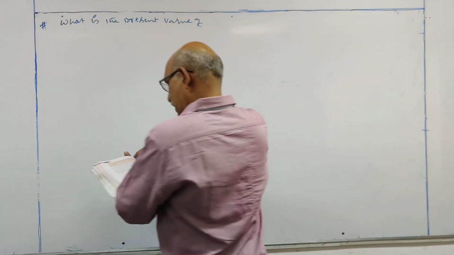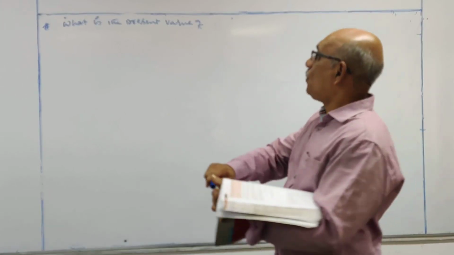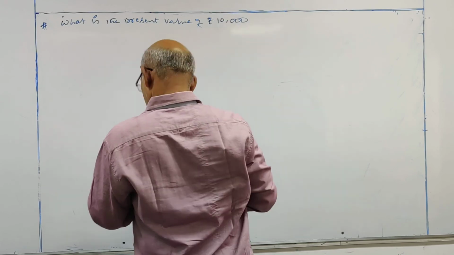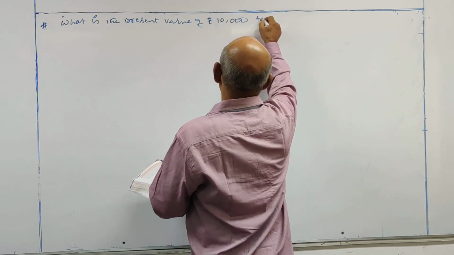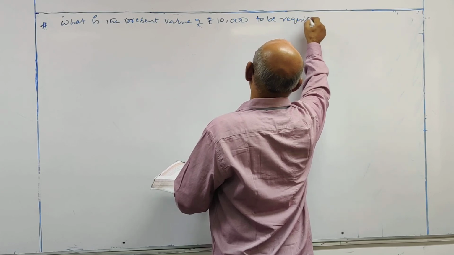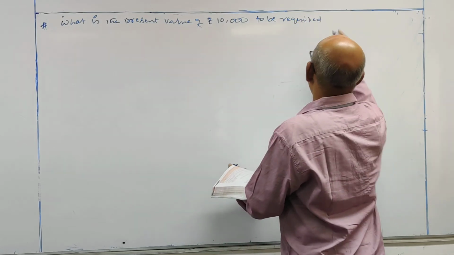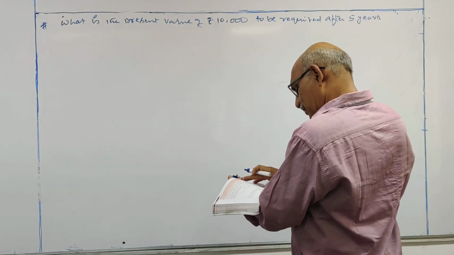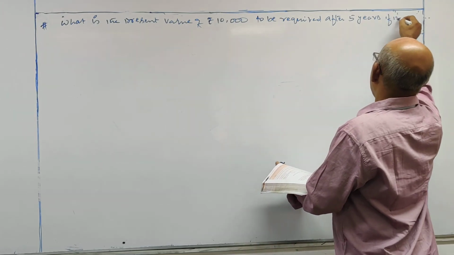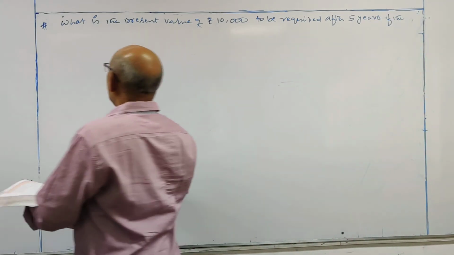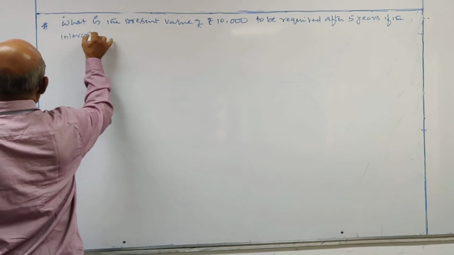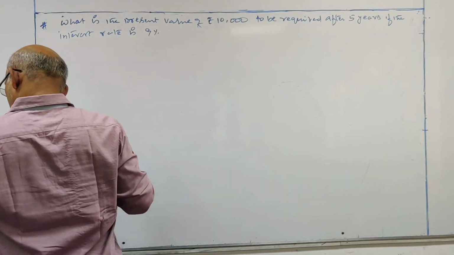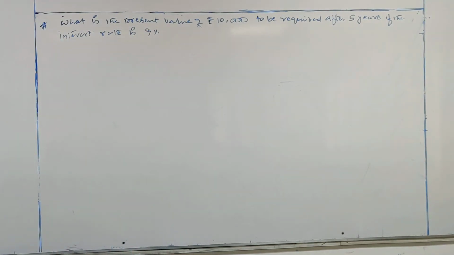What is the present value of rupees 10,000 to be received after 5 years, if the interest rate is 9%?